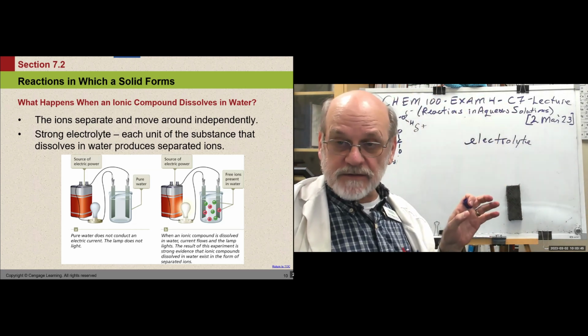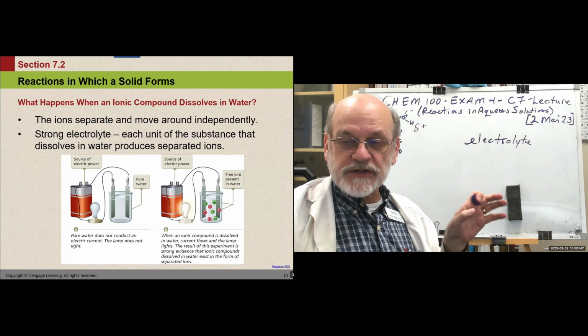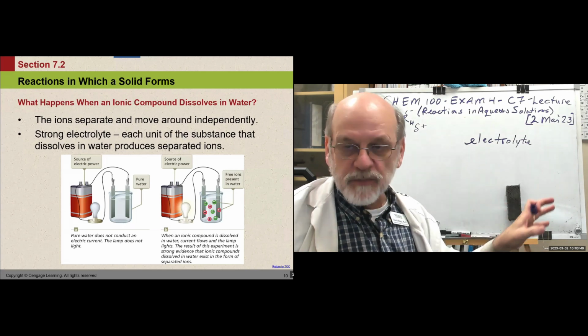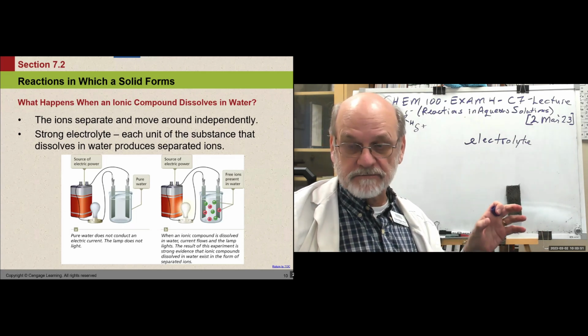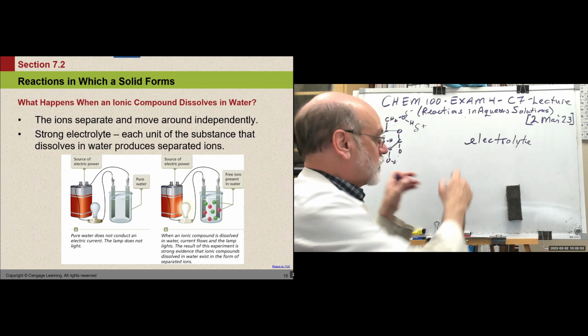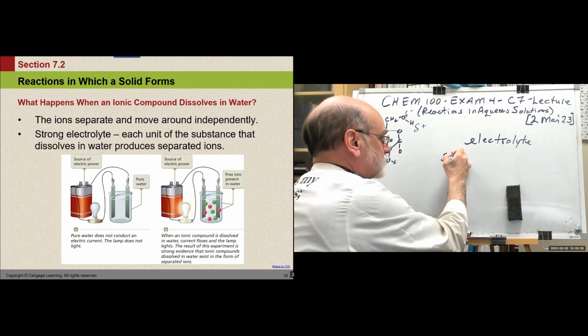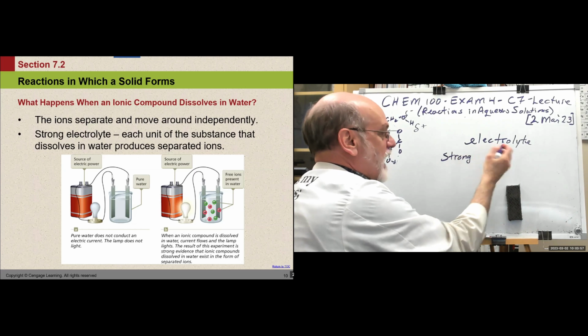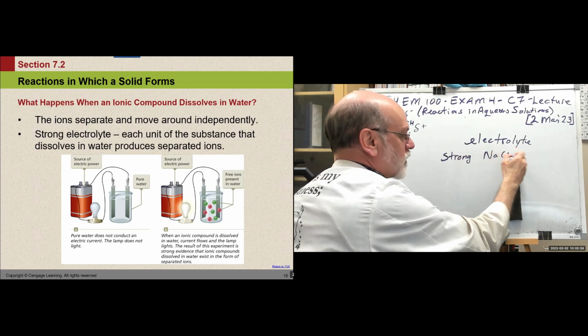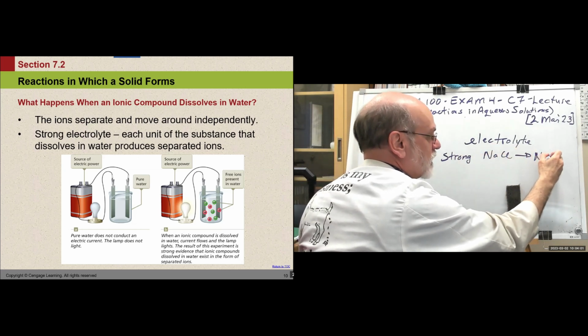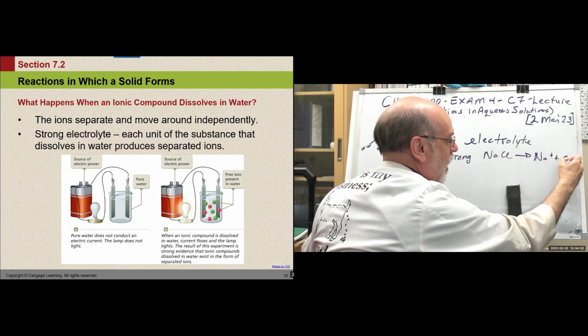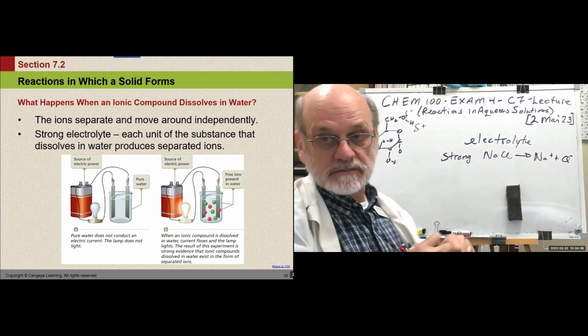Strong electrolytes are those substances that completely break apart into their ions. So for the strong electrolytes, an example is sodium chloride. Sodium chloride in solution breaks up into all ions, goes all the way.